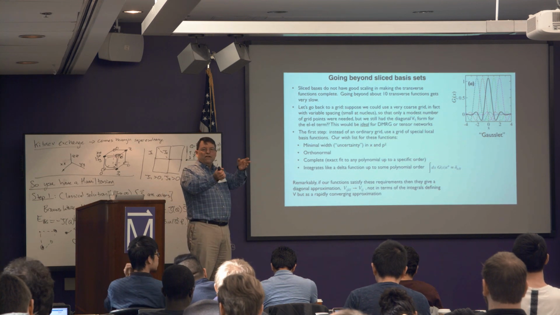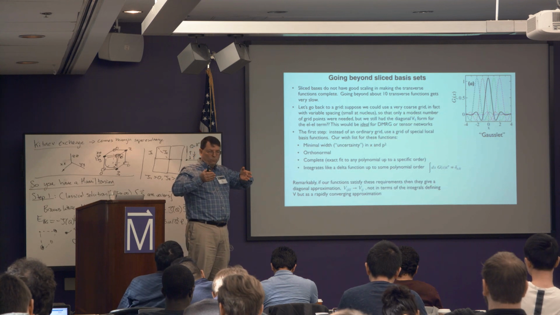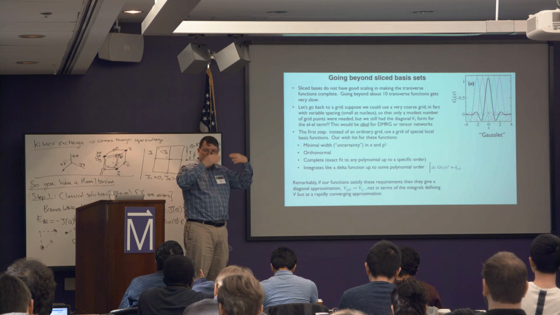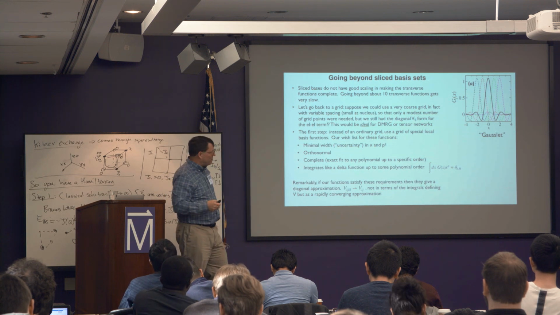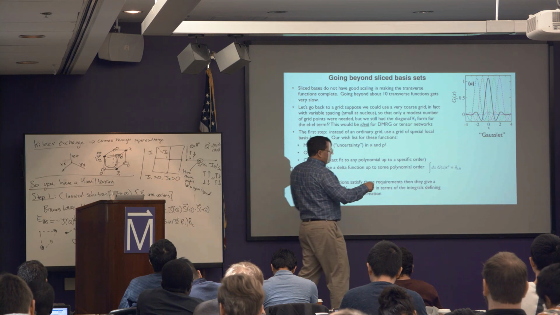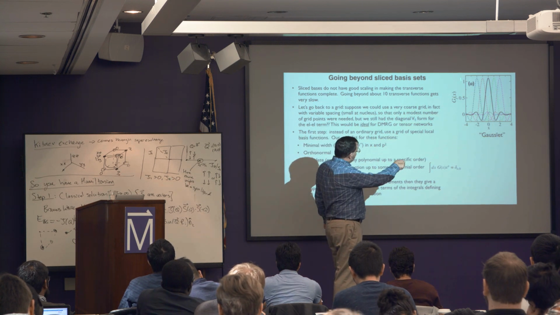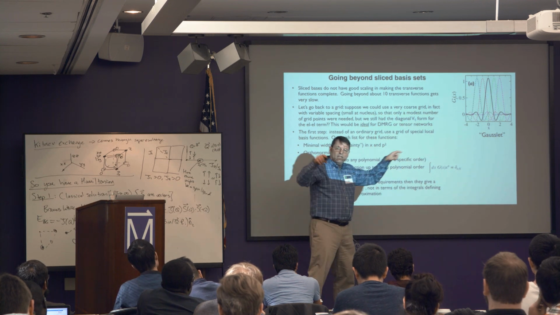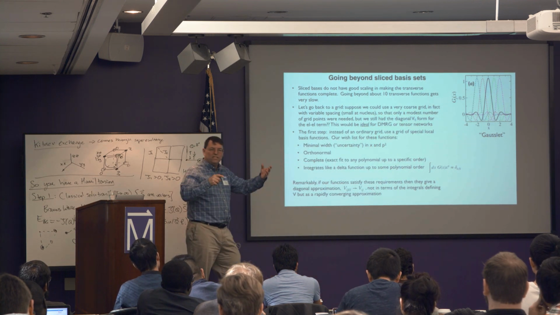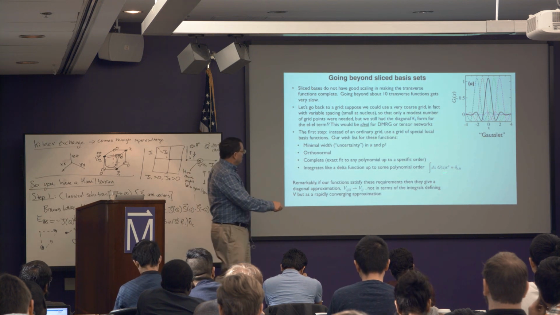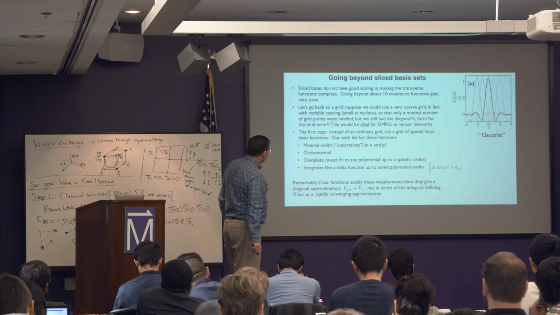We all know how to make a mock-up broad delta function: you take the limit that goes to 0, and it integrates exactly at that point. If you want to make it a little bit wider, you should make something with these oscillations, because you can make the oscillations cancel out the curvature, and you get a wider function that still integrates like a delta function. So we want that property up to some polynomial order.